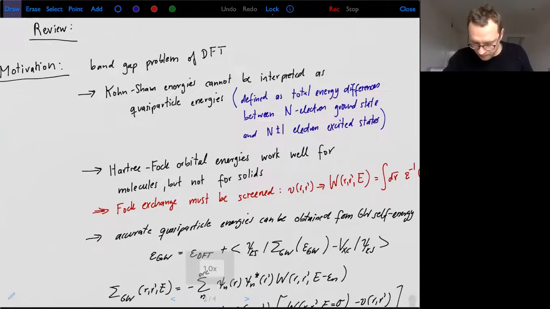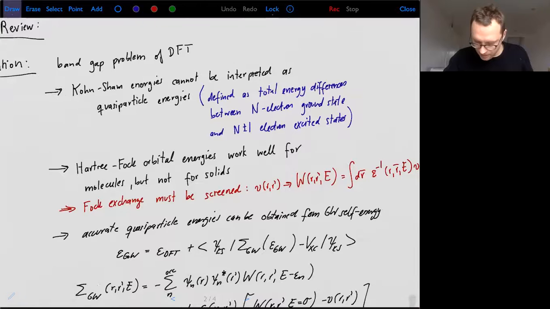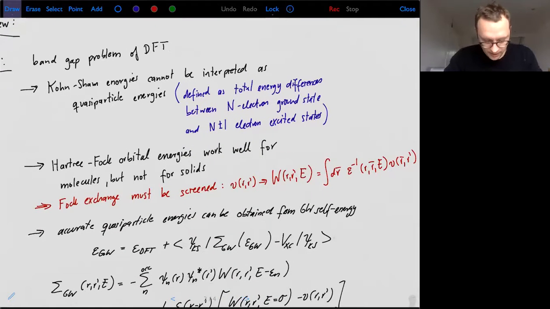But we were then thinking about what's missing in Hartree-Fock, or what's maybe different in a solid compared to a molecule. And the key insight is that in a solid you have a lot of other electrons. So if you consider the interaction between two electrons, that interaction is modified by the presence of all other electrons.